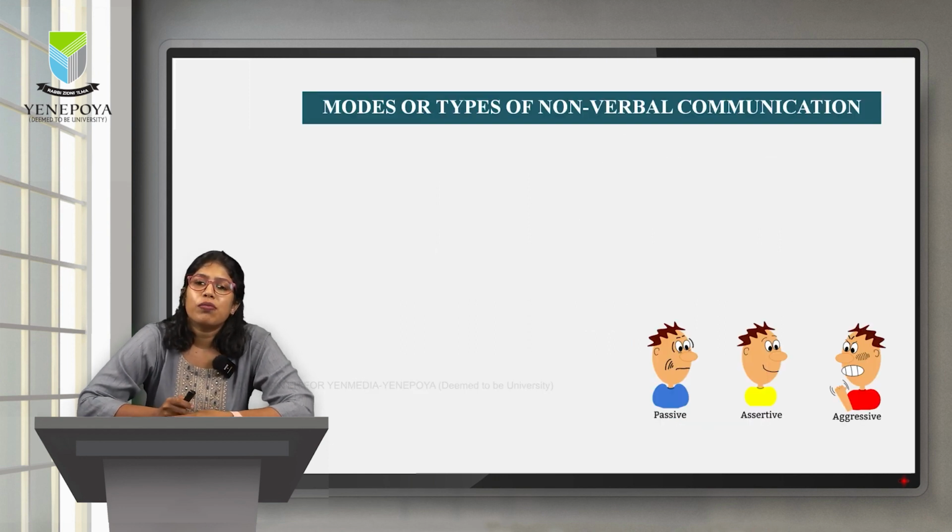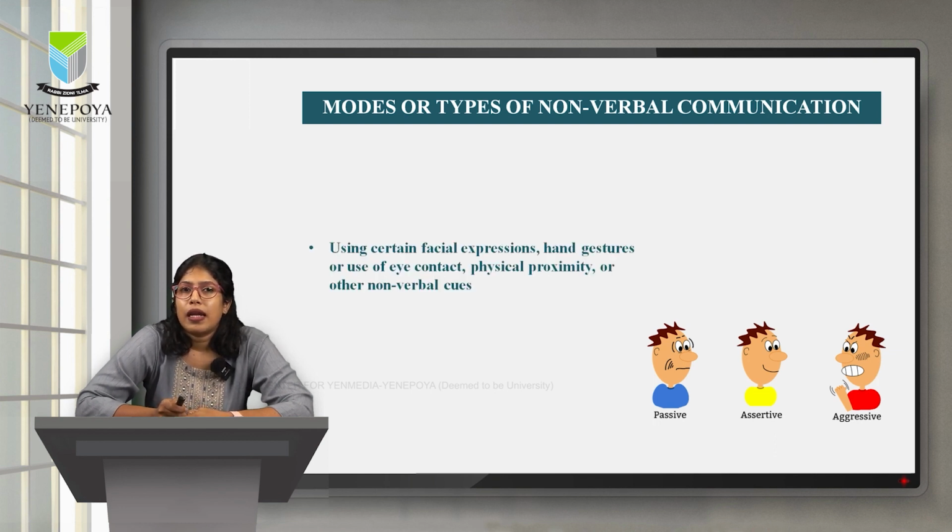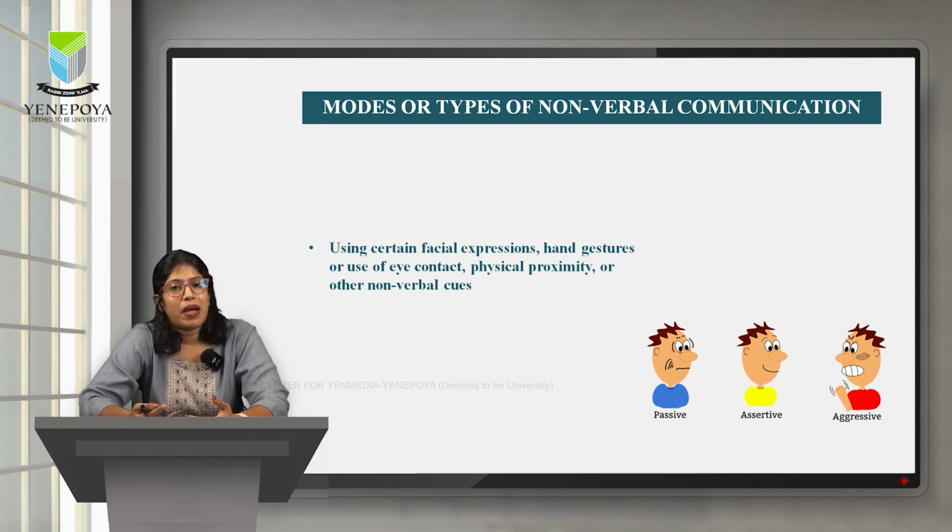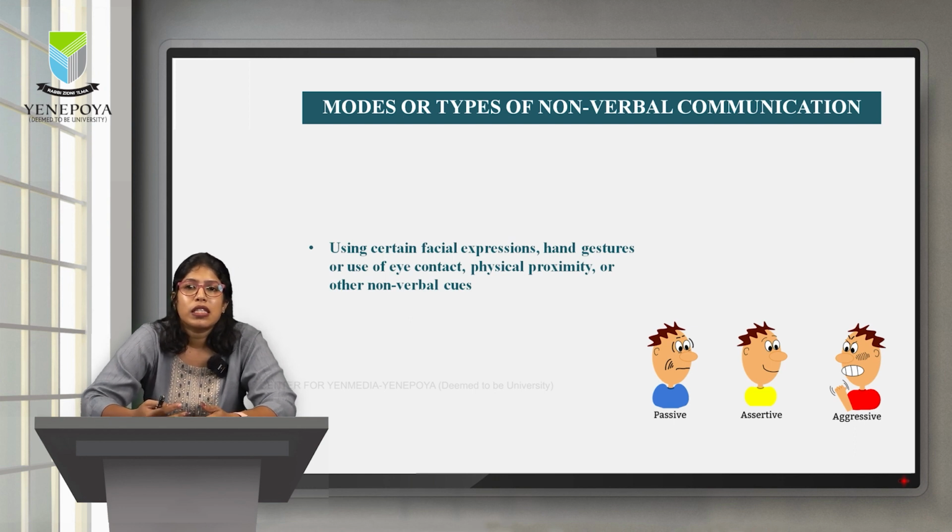Now what do you think could be the different types or forms of nonverbal communication? It can have many things. Like I said in my first segment, facial expressions. Now facial expressions, as you can see in the image, you have a very passive or a nervous expression, which also is seen on the face.